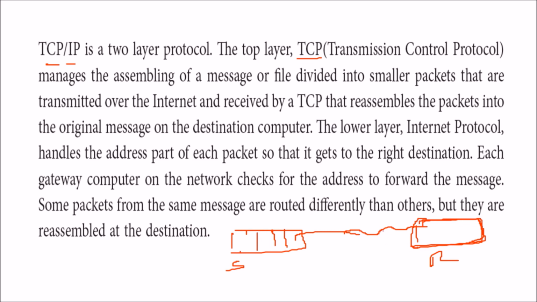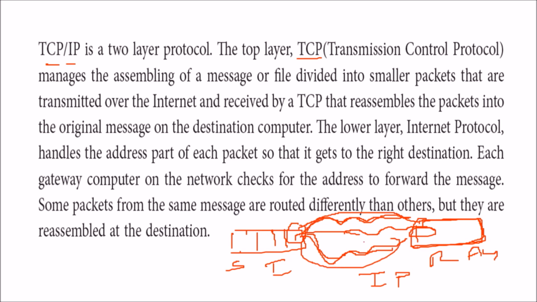This is the task of TCP. Now, who decides and who is responsible? Because the path can be like this, or the path can be like this. You may be sending, say, from India to Australia. There may be so many paths that can be followed. From here to here, one packet may go this way, the other packet may go this way. So who is going to decide that the sent packets are received at the destination? This is the work of the IP, Internet Protocol, right?